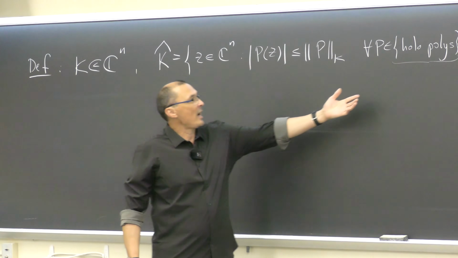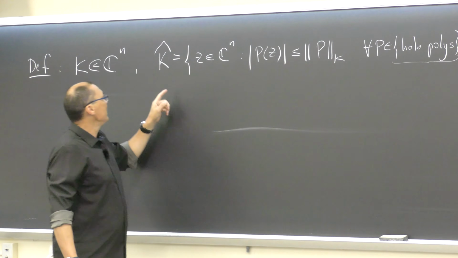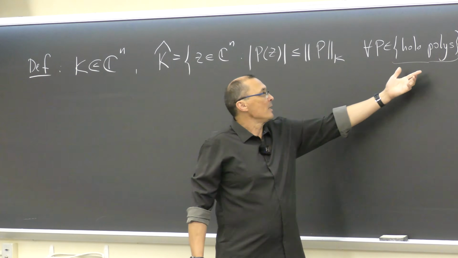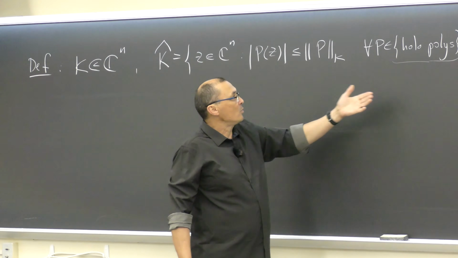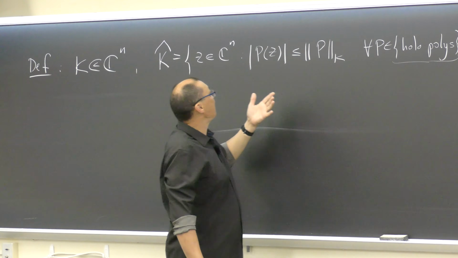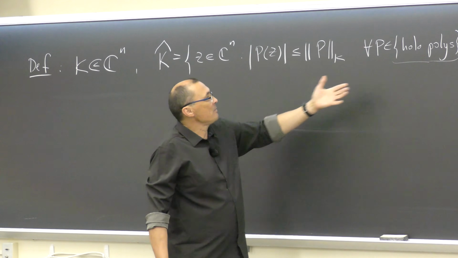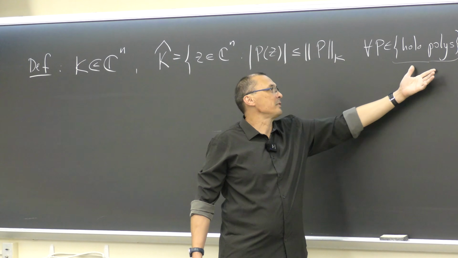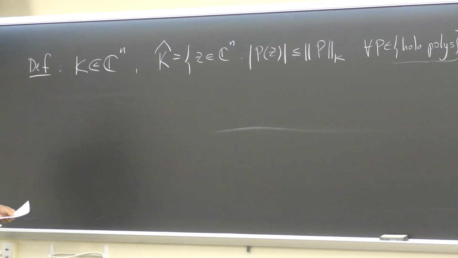But in general, you can take real linear functions, in which case you're going to have the geometric convexity, or you can take rational functions, then you're going to get rational convexity, or you can take entire functions, in which case you're going to have the same notion as polynomial convexity, or you can have plurisubharmonic functions. There is a choice of functions that you can use here in the definition.